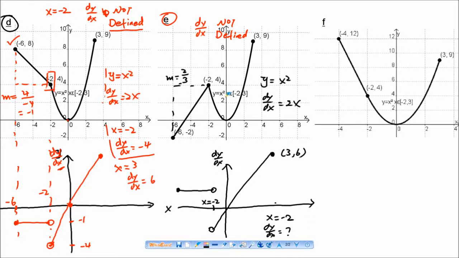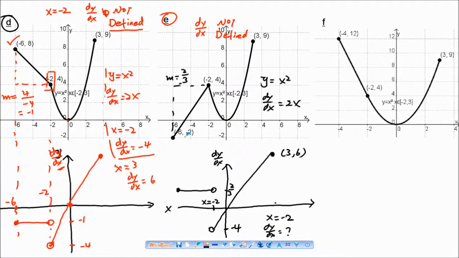We don't know what the gradient of the graph is, and we can't calculate it from there, because at the left hand side the gradient is 2 and 3. At the right hand side of the point -2, the gradient is let me say -4. If someone asks me what's the gradient at x equals -2 of this graph, I can't tell them. There are two values, and both of them are wrong.